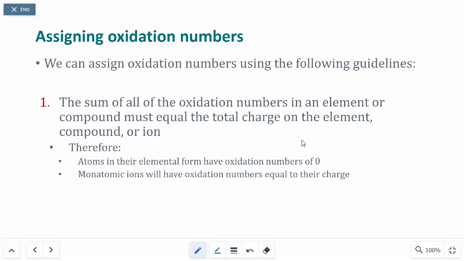So for example, if I have the chromate ion, CrO4 negative 2, that means the charge on the chromium plus the charge on the 4 oxygens has to equal a total of negative 2.